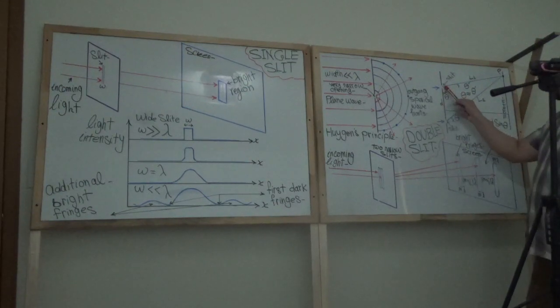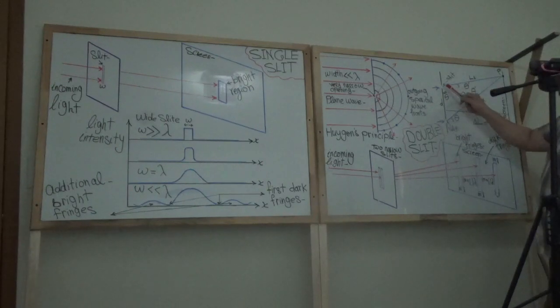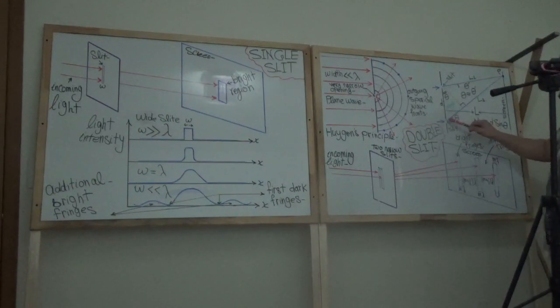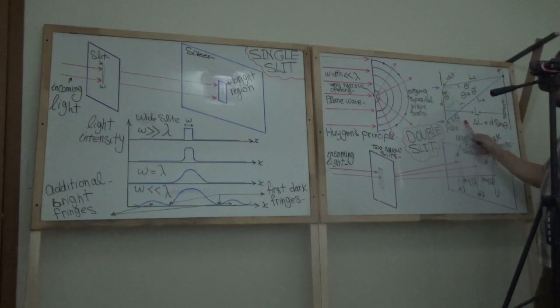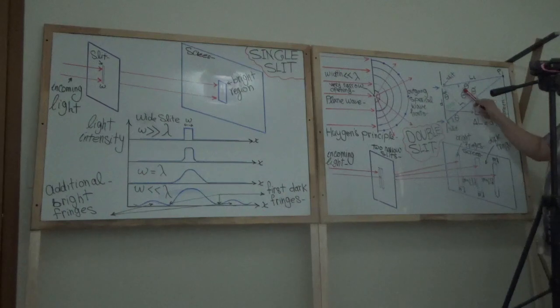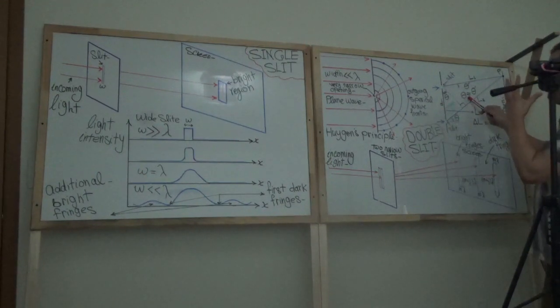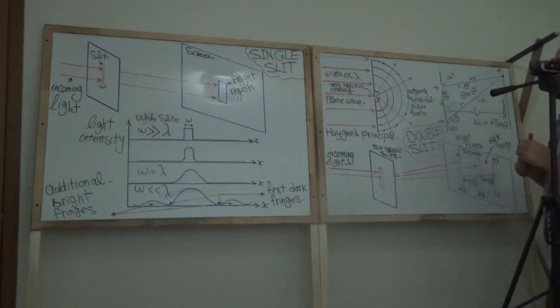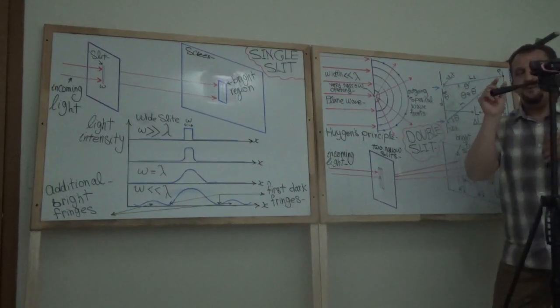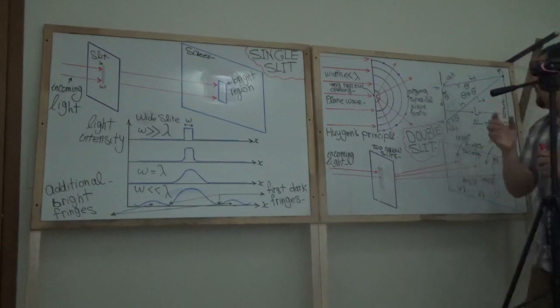The other thing that we need to keep in mind is that there is an angle theta prime between L1 and the horizontal line. There is another angle theta between L2 and the horizontal line. For this experiment, it is a good idea to have theta close to theta prime. That can help you have a very small difference between L1 and L2.